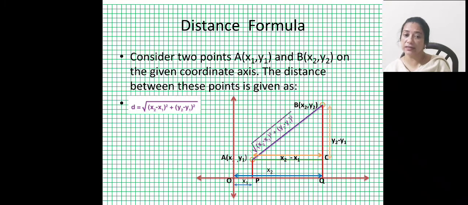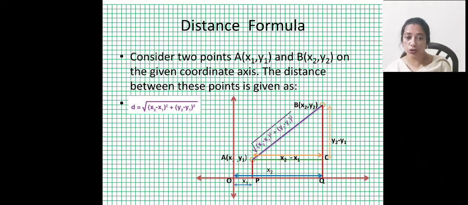So, what is the distance of OP? x1. Similarly, OQ is x2. So, we can say that the distance PQ is nothing but OQ minus OP, that is x2 minus x1. So, here we have found the distance between 2 points when they are lying on a particular axis.